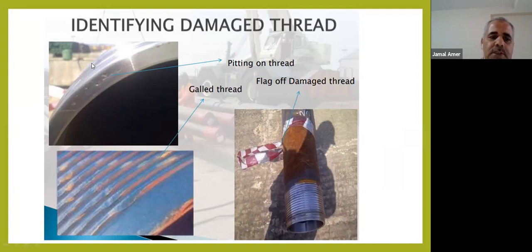Once oil and gas are released to the surface, we have a big impact on the environment and on the company's reputation, even on people working there. So we have to do this casing job and cementing job successfully without any problem. As we see here, if somebody doesn't notice any pitting, it could develop a leak in the future.